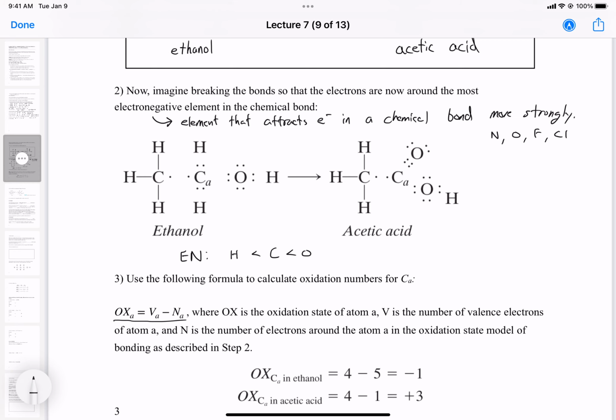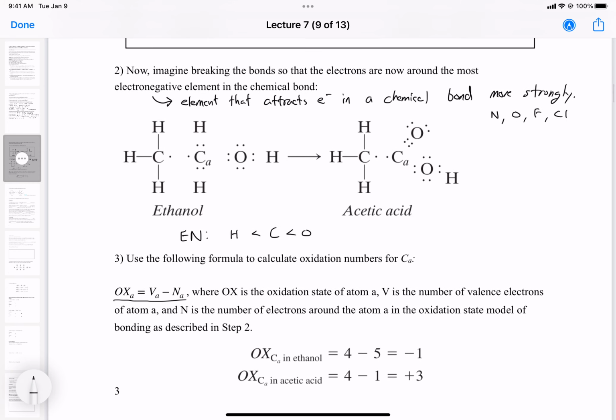So we look at carbon A here in ethanol. Carbon has 4 valence electrons, so carbon is in group 4.